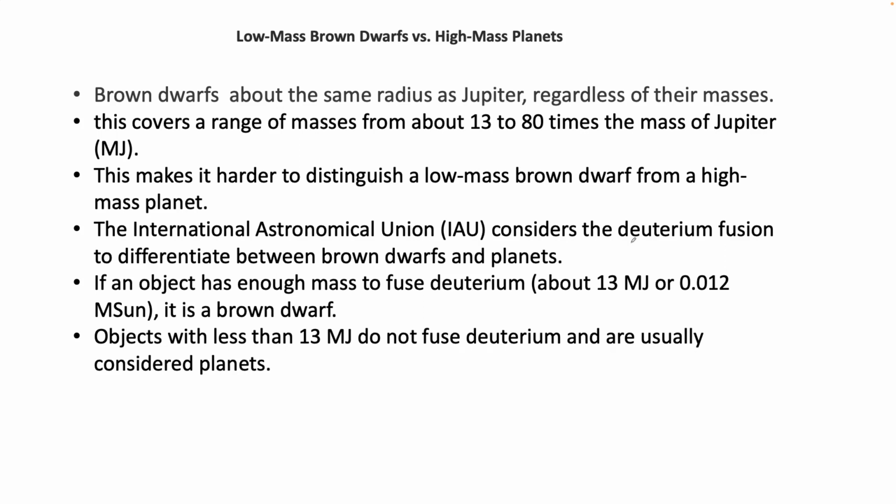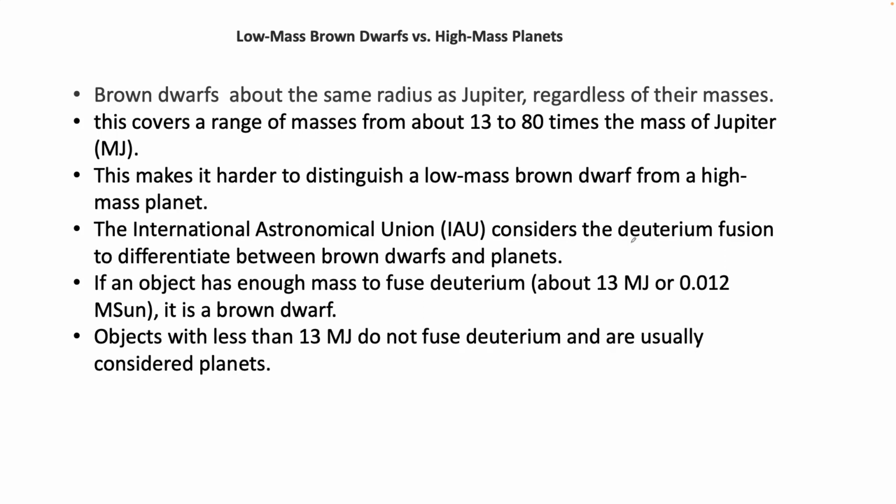Because of that, the International Astronomical Union considered deuterium fusion to differentiate between brown dwarfs and planets. What that means is if an object has enough mass to fuse deuterium, so that mass is around 13 Jupiter masses, or 0.012 solar masses, it is called a brown dwarf.